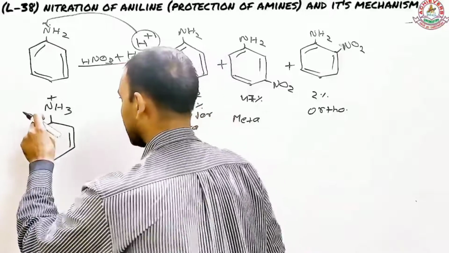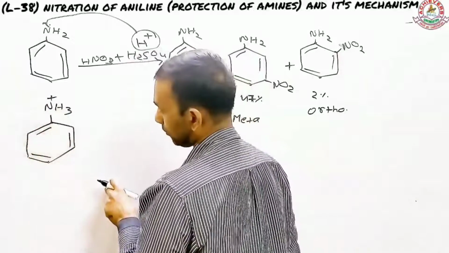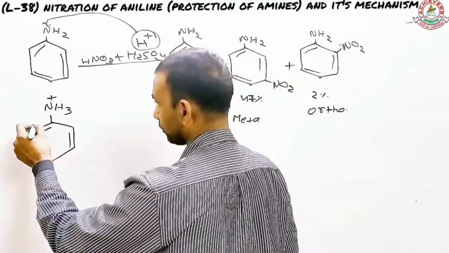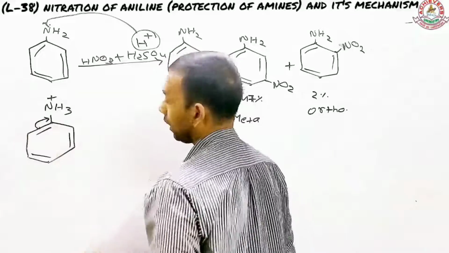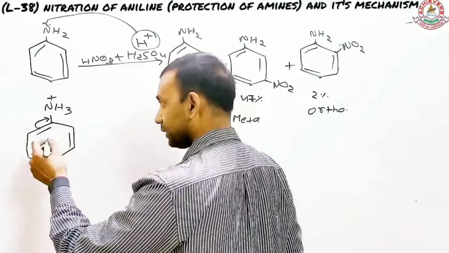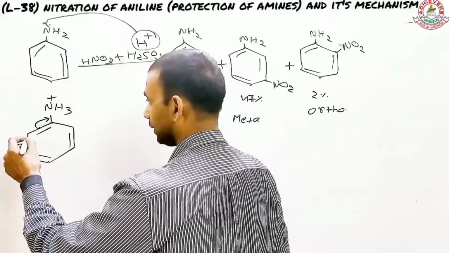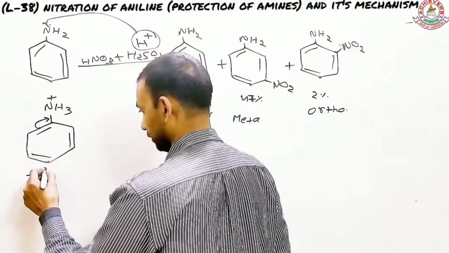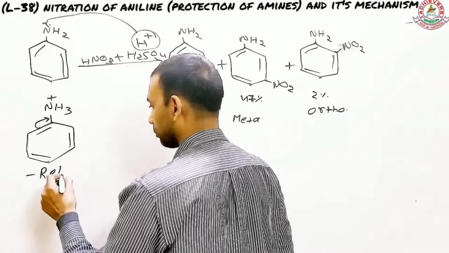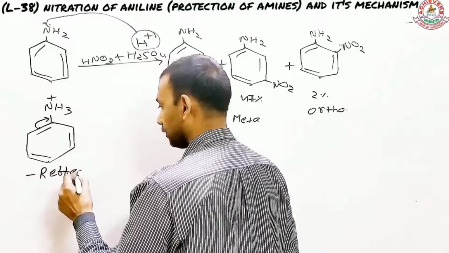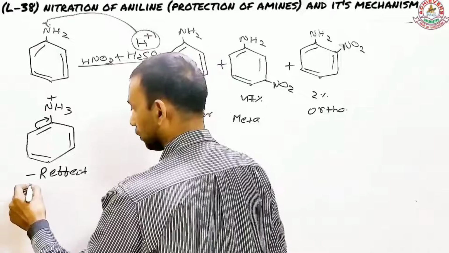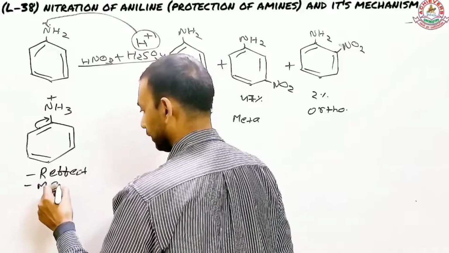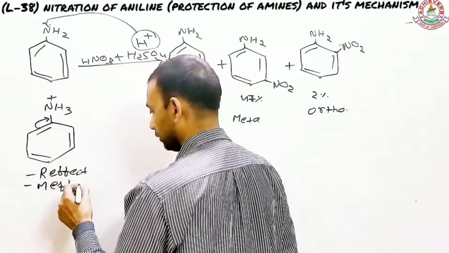Now just pay attention to what is happening. Because now nitrogen's electrons have been used up, this electron will shift towards it, and this will exhibit minus R effect, which you also call minus M effect, mesomeric effect.